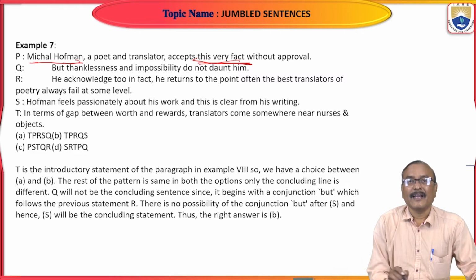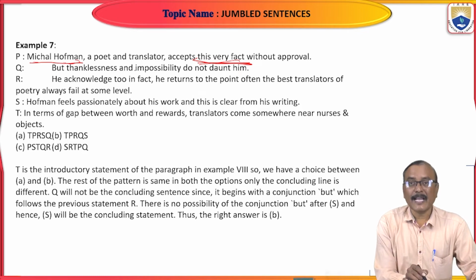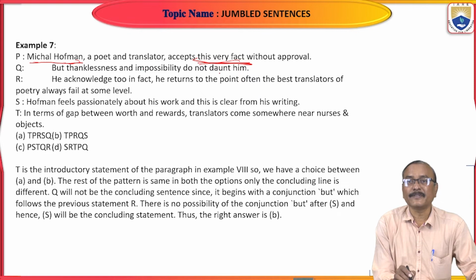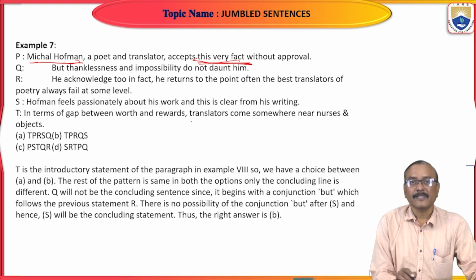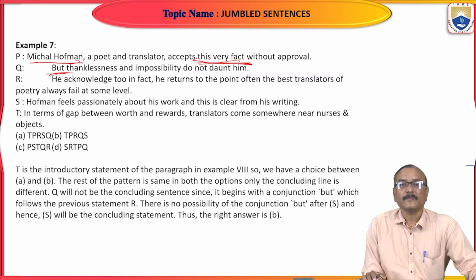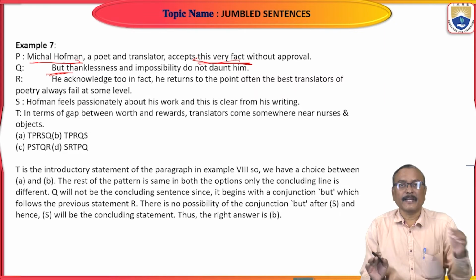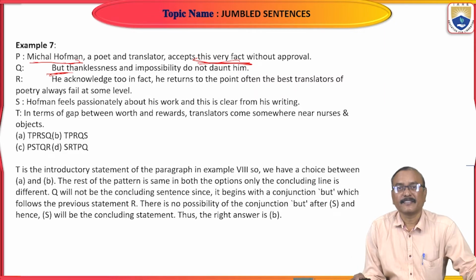Right? And C is also not, Q is also not the first sentence. But thanklessness and impossibility do not haunt him. So, no paragraph begins with but. No paragraph begins with conjunctions, generally. No paragraph begins with prepositions.